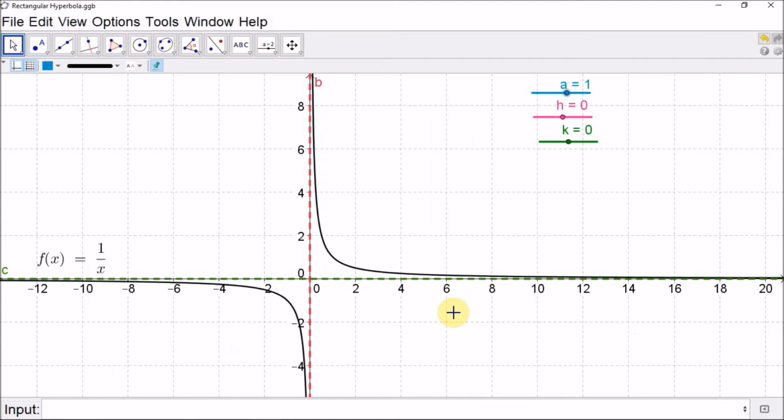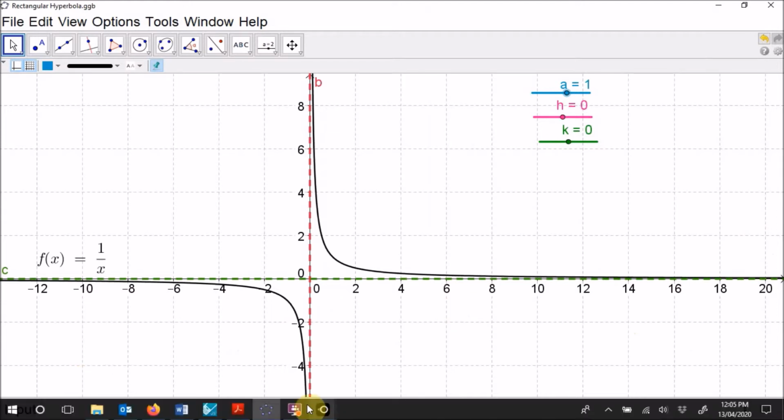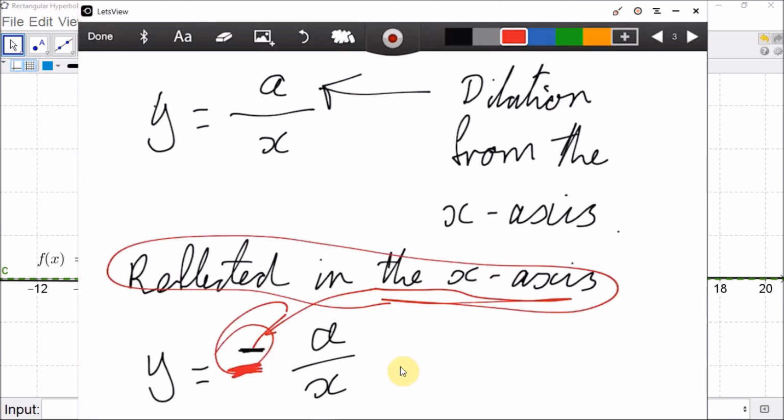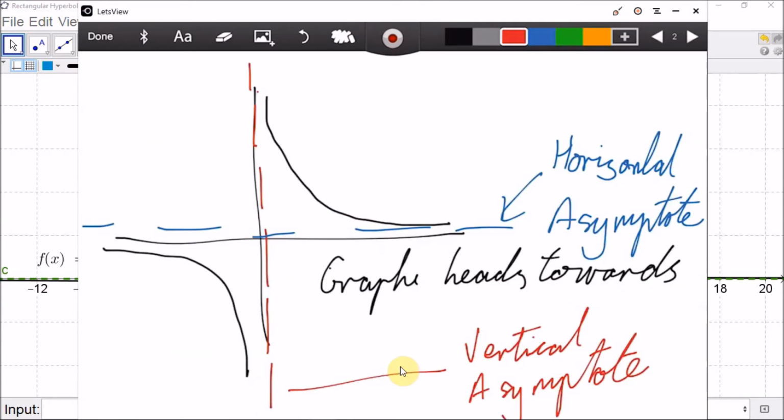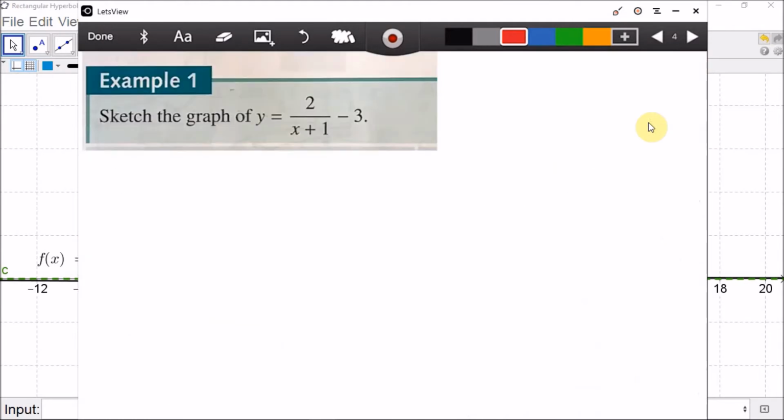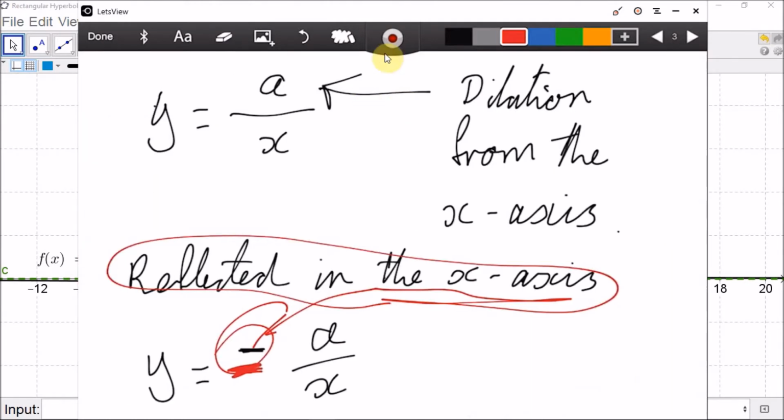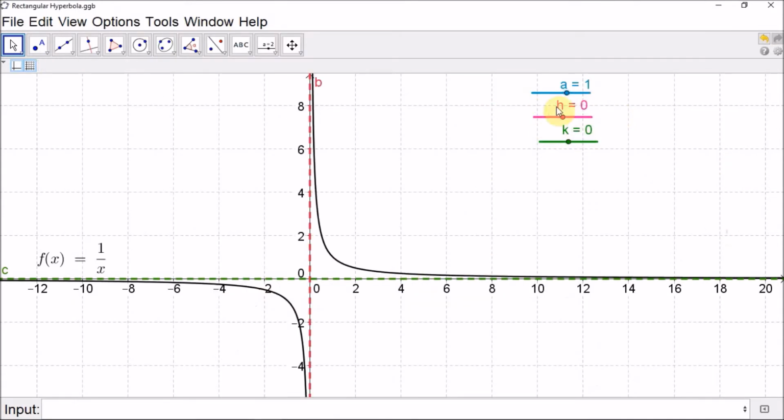Okay, so before I mentioned these asymptotes, the vertical and the horizontal asymptotes. You'll have seen this H and this K, and it's nicely colour-coded here.